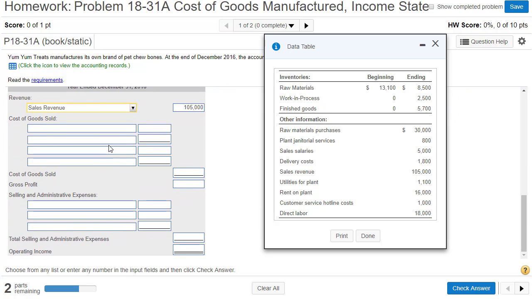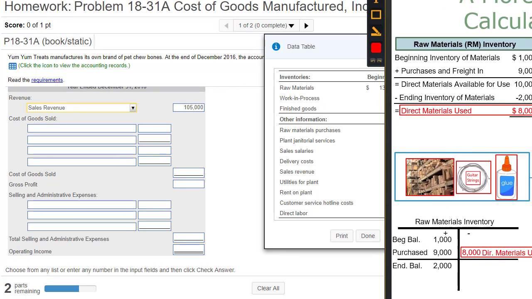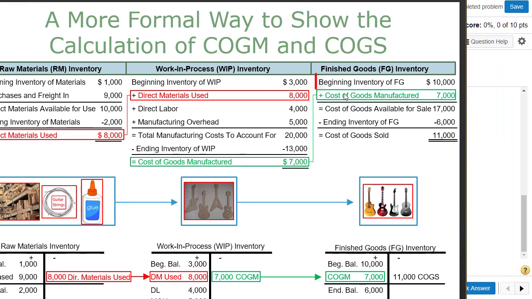Okay, next we have to calculate cost of goods sold. How do you calculate cost of goods sold? Well, it's right here. You take your beginning finished goods inventory, add your cost of goods manufactured. That gives you the amount of goods available for sale. Subtract your ending inventory of finished goods, gives you your COGS. This is probably easier to understand down here, the T account method.